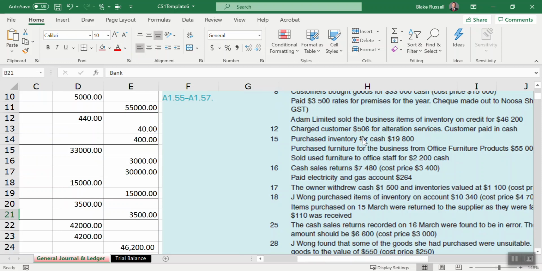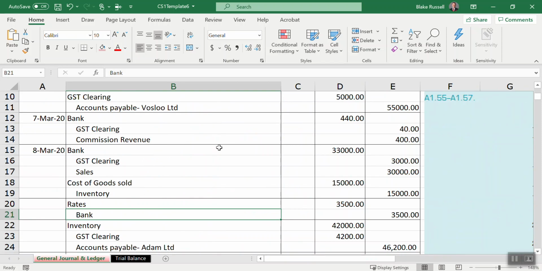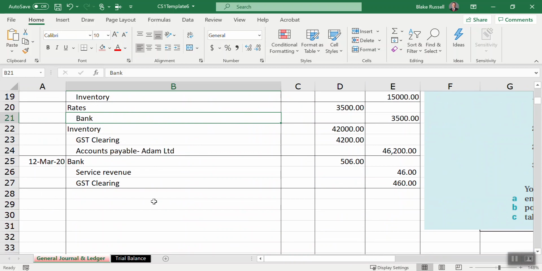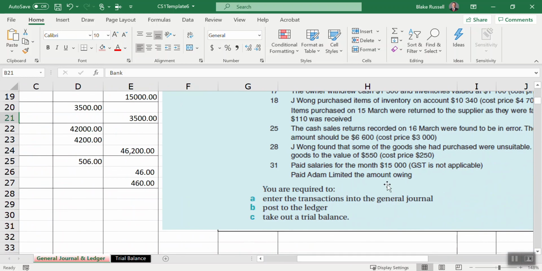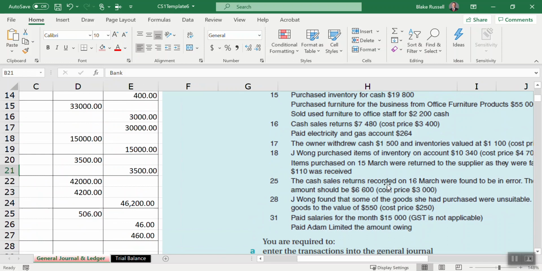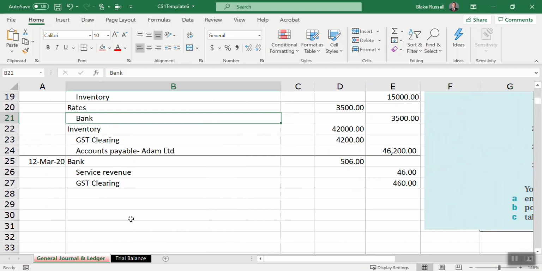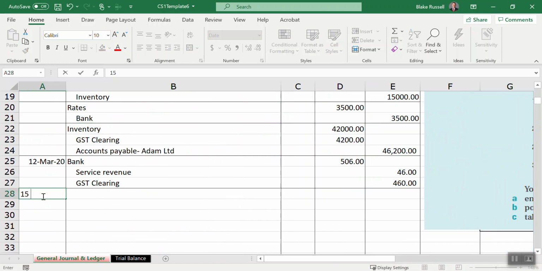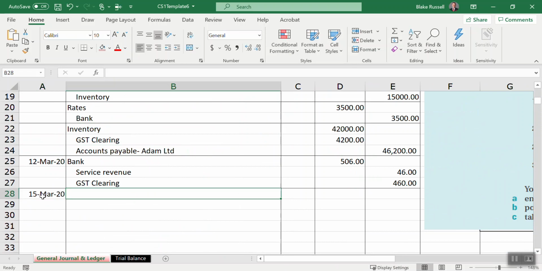All right. Purchased inventory for 19,800 for cash as well. And what date? 15 March. So inventory.